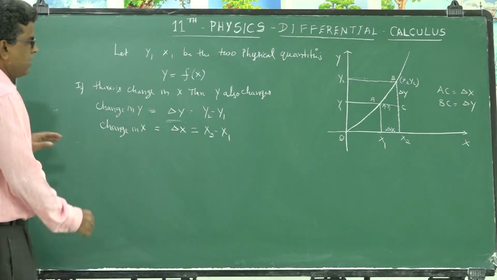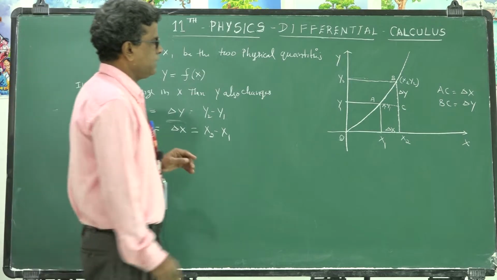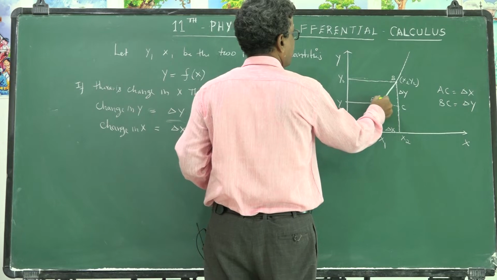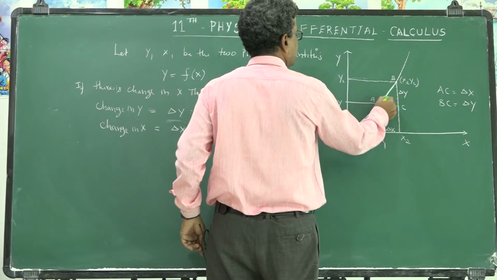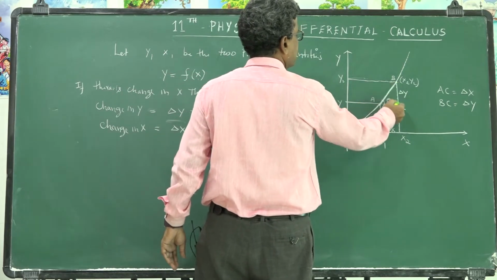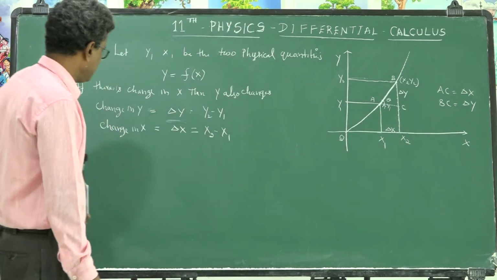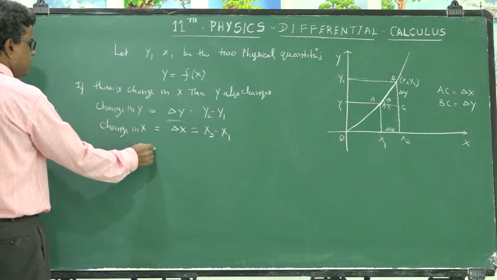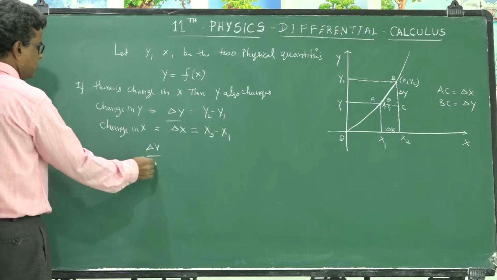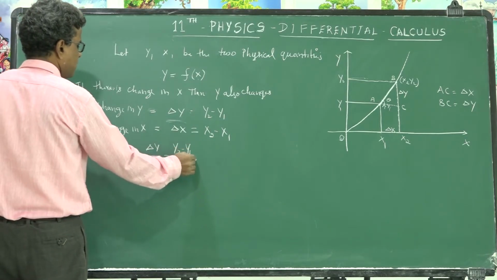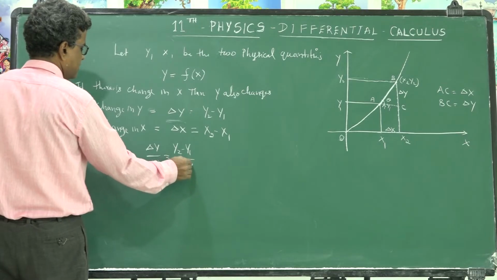So consider the change in y with respect to x. Here you draw the slope of this line, with angle theta. Tan theta gives the opposite side delta y by the adjacent side delta x. So the change in y with respect to x, delta y by delta x, can be written as y2 minus y1 by x2 minus x1.